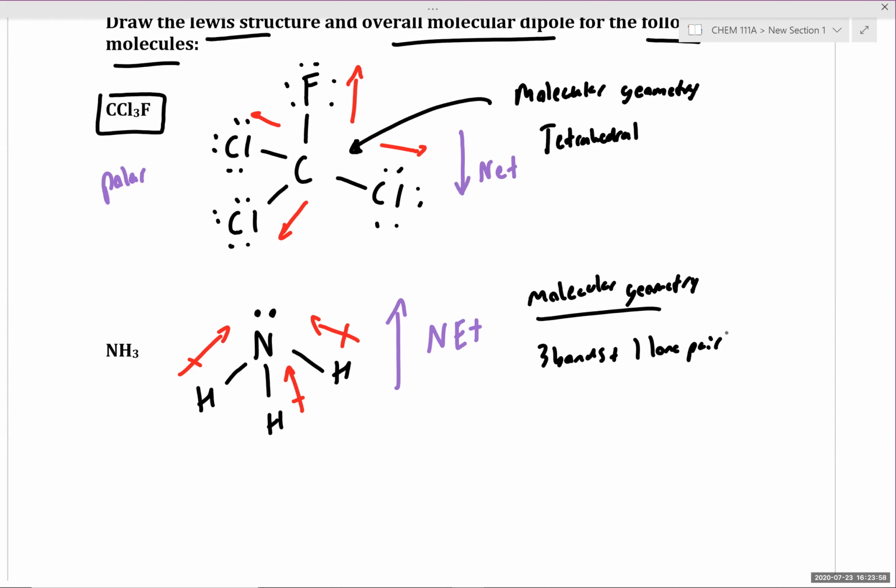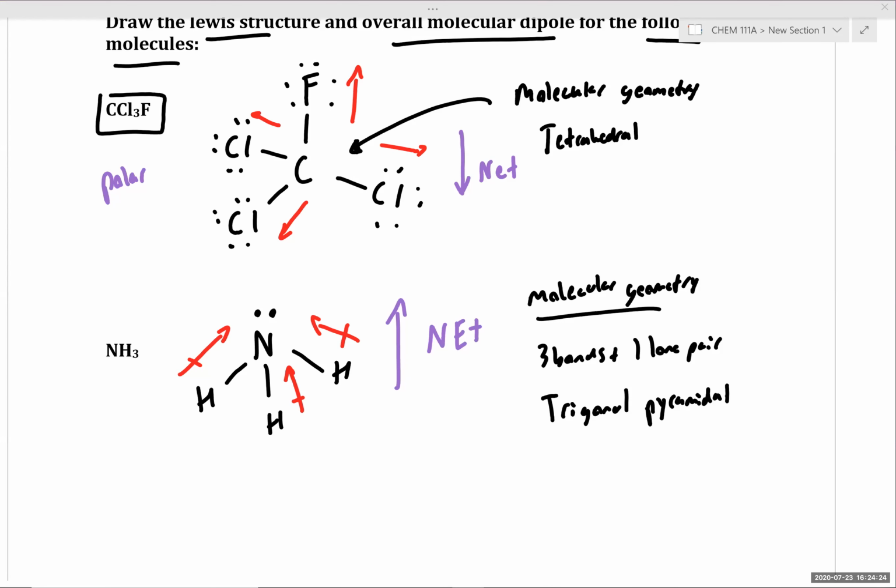Trigonal pyramidal, exactly right. Perfect.